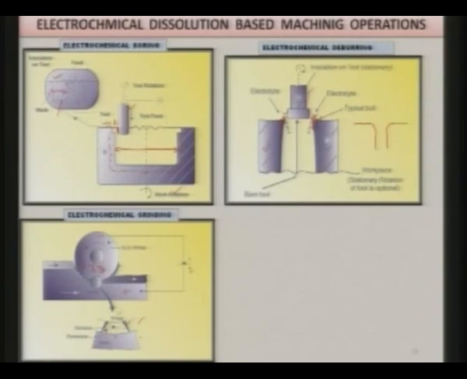Since the wheel is made of electrically conducting material and the workpiece is also electrically conducting, it will form an electrolytic cell, and the current is flowing between the two. So, electrochemical dissolution of the workpiece in this particular region will take place, and since abrasive particles are in contact with the workpiece surface, grinding also will take place. So, you can see in zone 2 grinding is taking place as well as electrochemical dissolution.